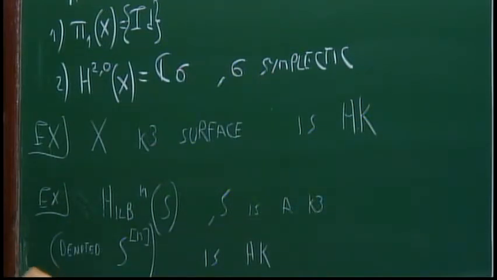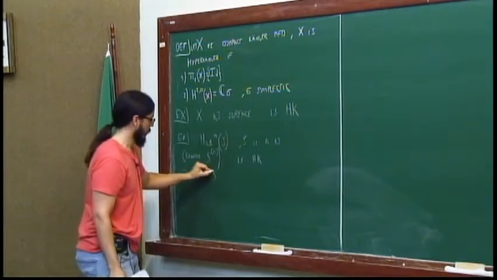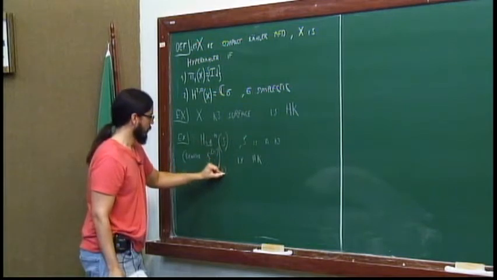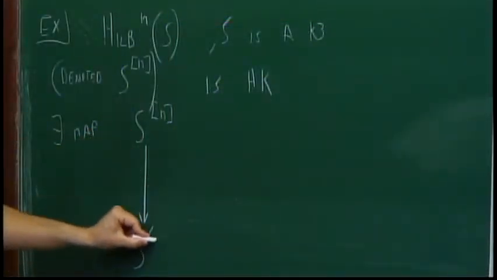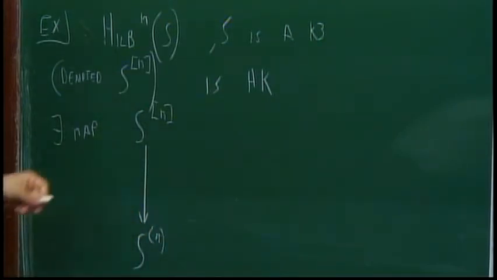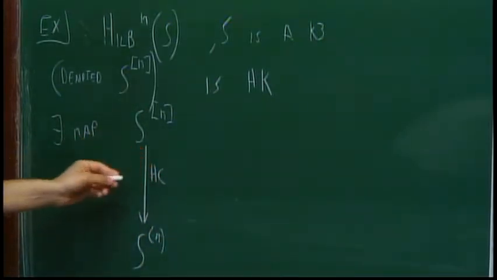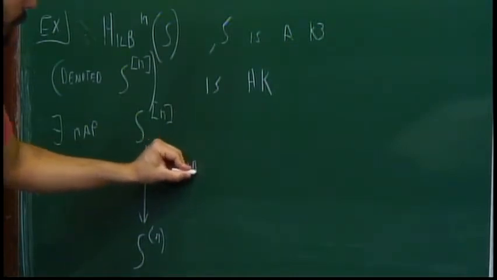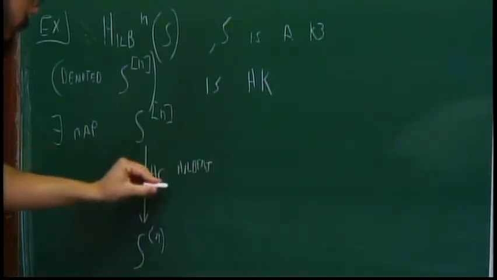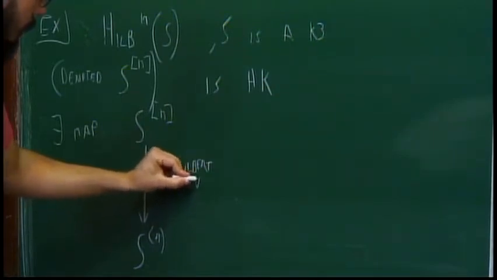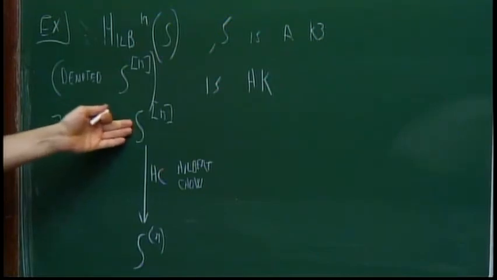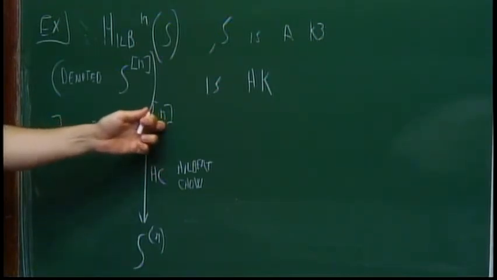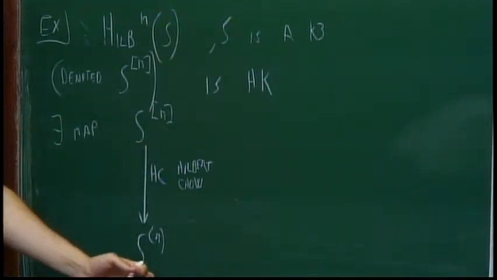And also we have a map from this Hilbert scheme to the symmetric product, which is usually denoted the Hilbert-Chow morphism, which sends a length n zero-dimensional scheme to its support.